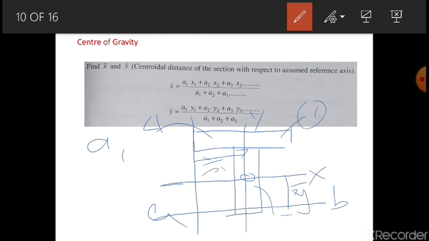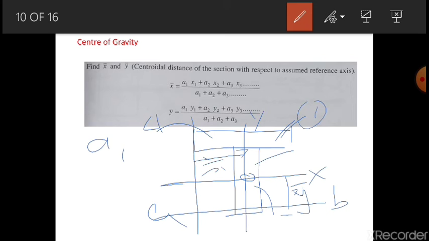So to calculate x bar and y bar, we have to calculate x1 and y1. Here there are two bodies, so we have to find x1 and x2, because we will find x1 for this object and x2 for this object. So how to calculate x1?